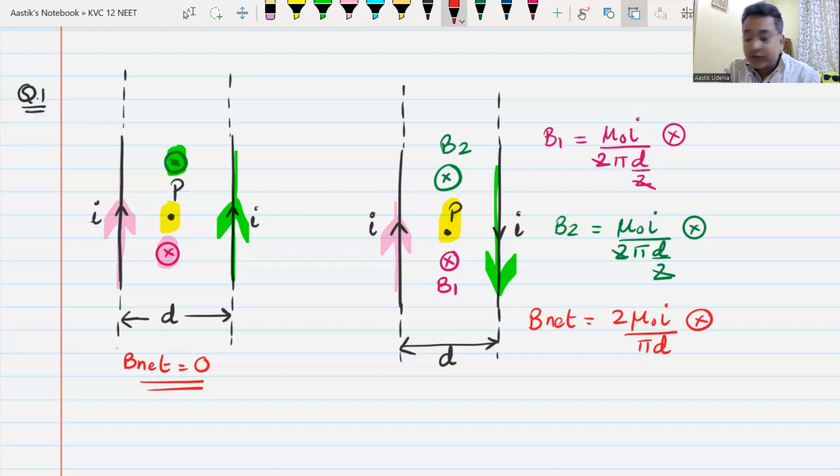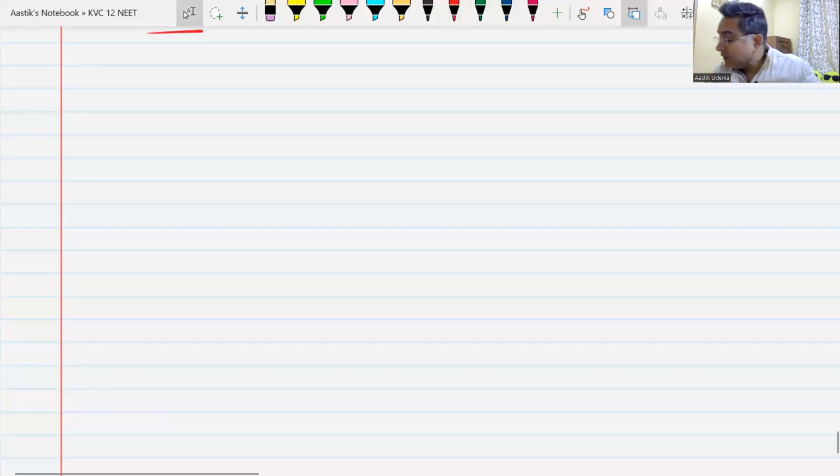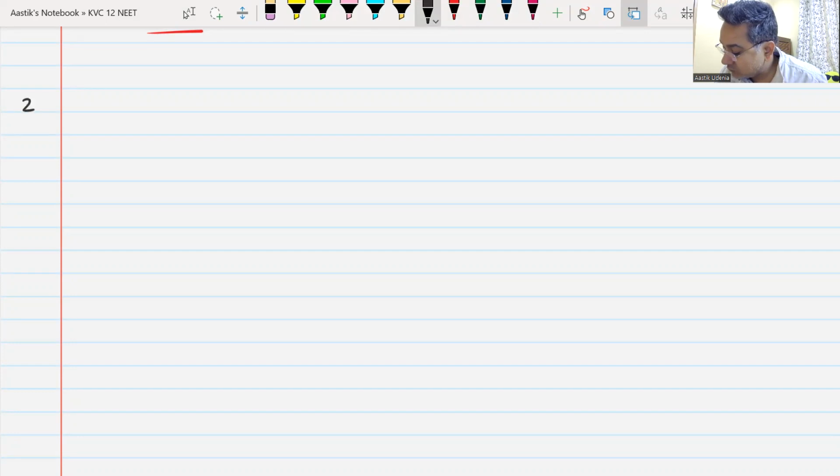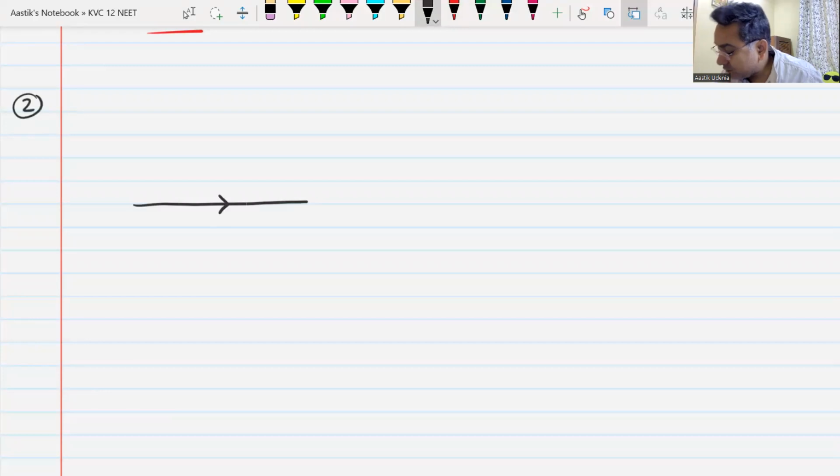Anyone got the answer of this one? Let me give you one more question. This is the next question. I have this wire carrying a current I, and I have this point P. This angle is 45.